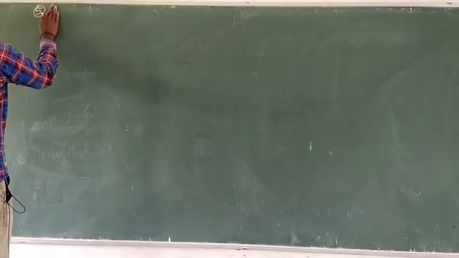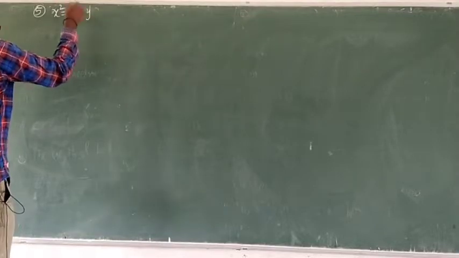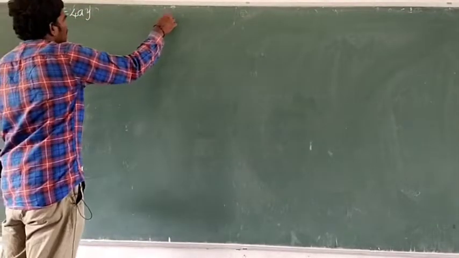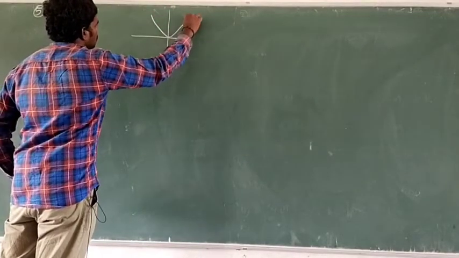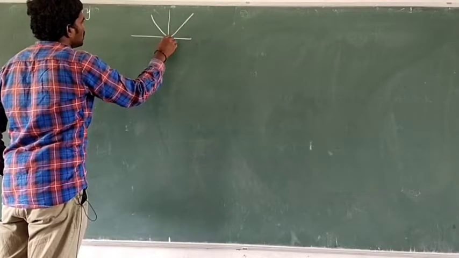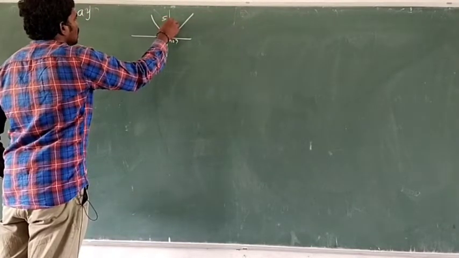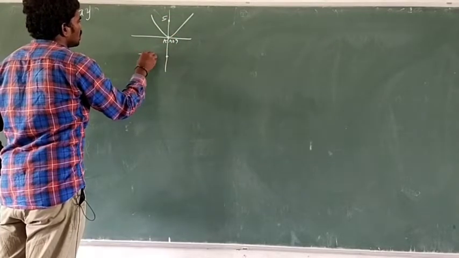Next, fifth one, x square equal to 4ay, a only, don't write b. For this the diagram is like this. This is (0, 0). This is the focus. This is the directrix line.